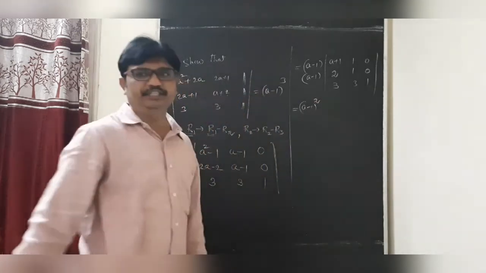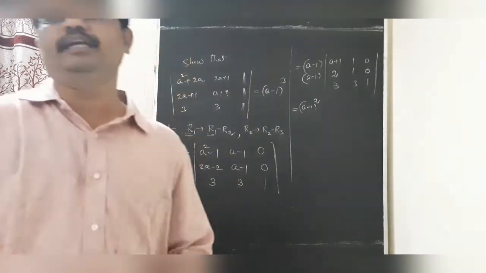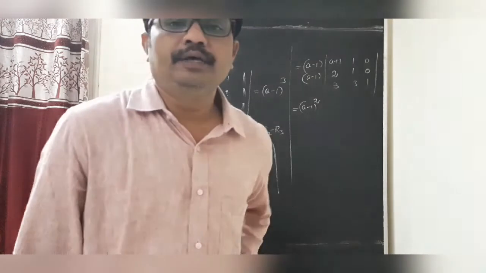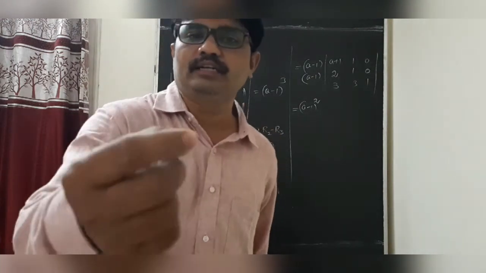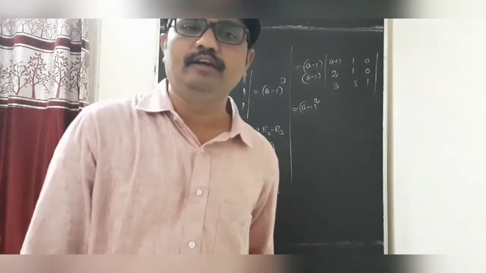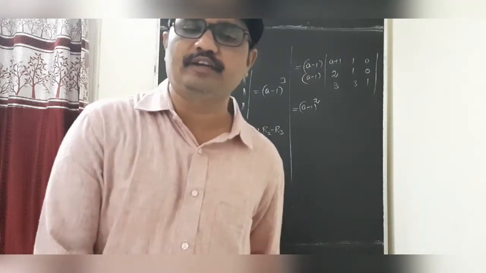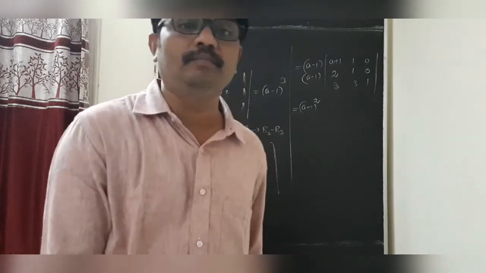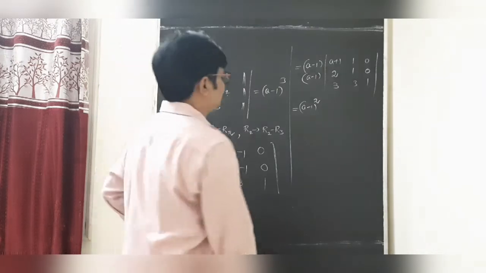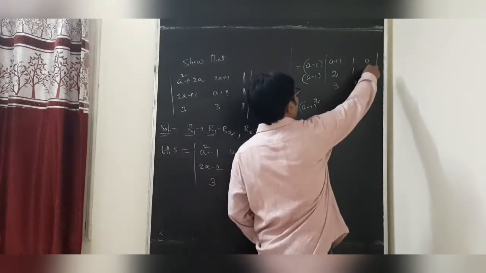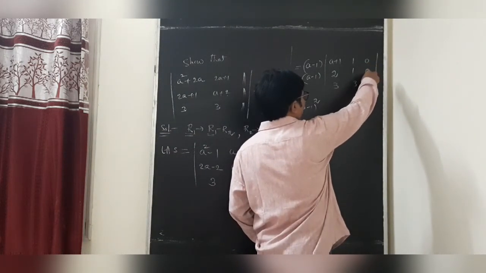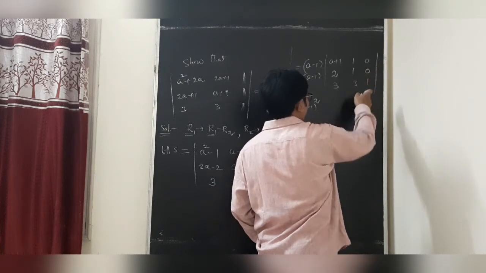How to find the determinant? My dear students, when you observe any row or a column with at least two zero elements, undoubtedly we find the determinant along that particular column or row. Here observe the zeros in the third column. The signs are plus, minus, plus.